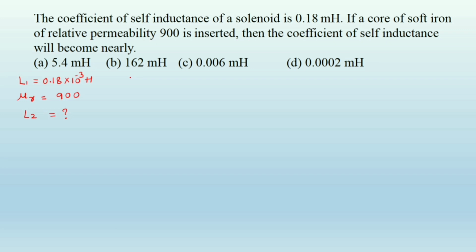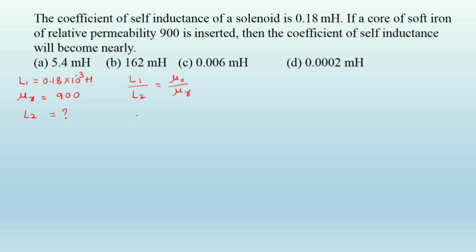I am going to write the relation L1 divided by L2 equal to, we have to observe the givens. Here only permeability value is given, so we can choose the relation mu naught divided by mu r. L1 value is already given with respect to its absolute permeability. Now, when iron is inserted, which has relative permeability, we want the L2 value. So L1 by L2 equal to mu naught divided by mu r.